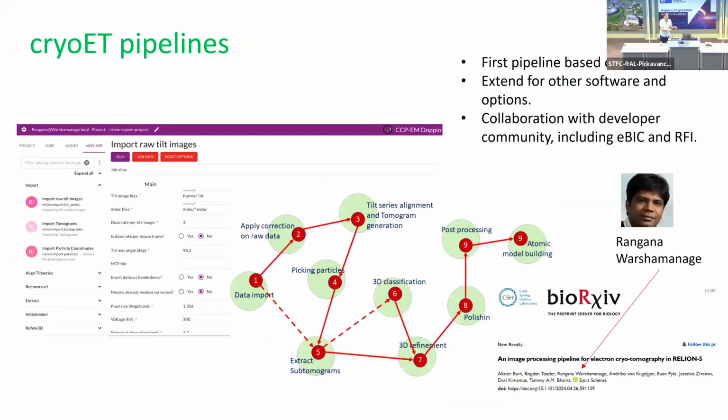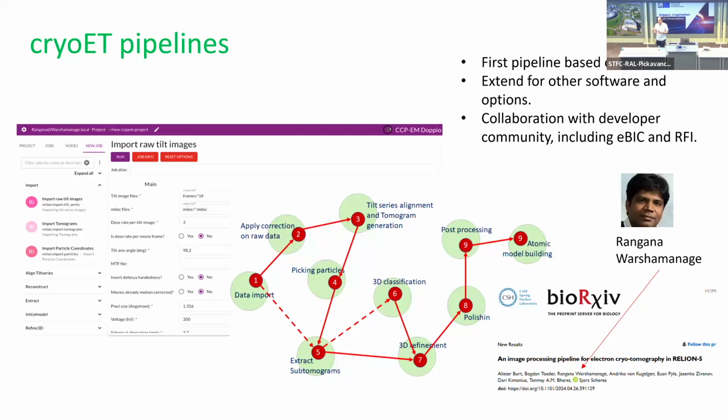So I've covered electron diffraction and single particle analysis, and the other major technique is electron tomography. Using improvements in the RELION software, which have come through recently, and the Pipeliner architecture, we've created the first basic pipeline for electron tomography and subtomogram averaging, so that you can begin to automate tomography pipelines.